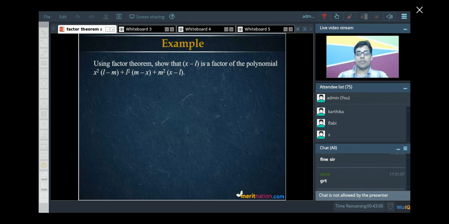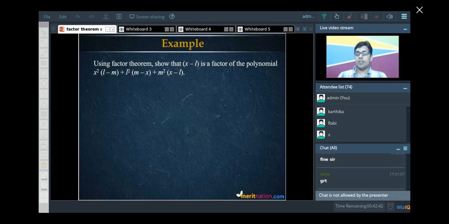Show that x minus L is a factor of the polynomial x square (L minus m) plus L square m minus x plus m square x L. Now, find out the value of x here.